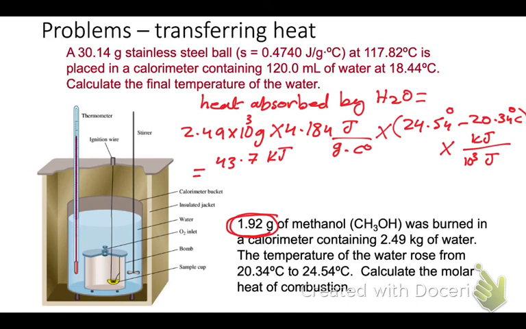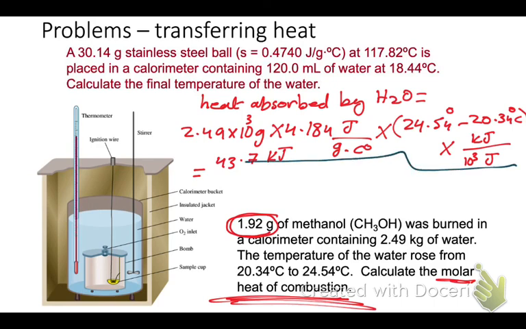Okay, so when I burned this much of methanol, that was the amount of heat that was released. They are asking what will be the molar heat of combustion. What does that mean? It means this is what you got when you burned 1.92 grams. I want to know how much you will get if you burn a mole. So what I'm going to do in this case, I'll just be playing with my units.